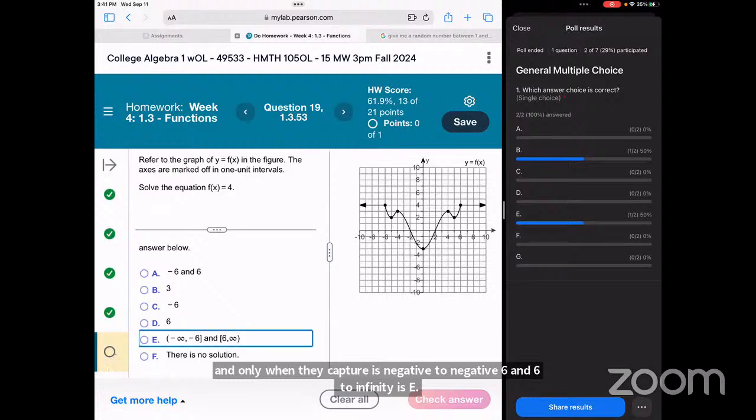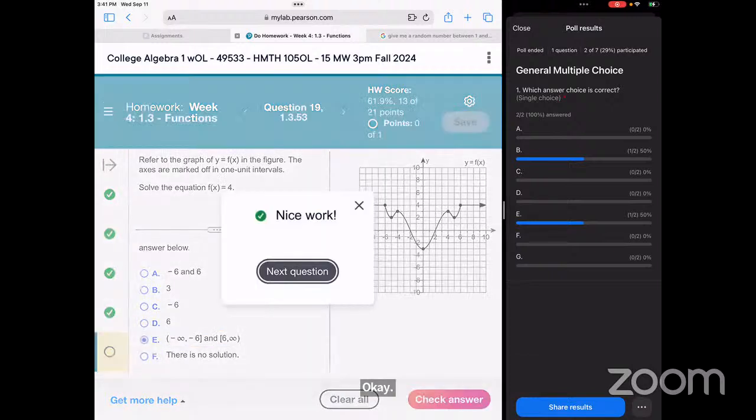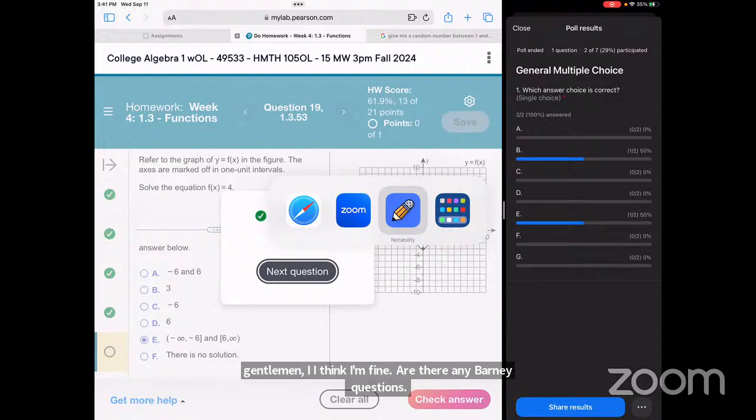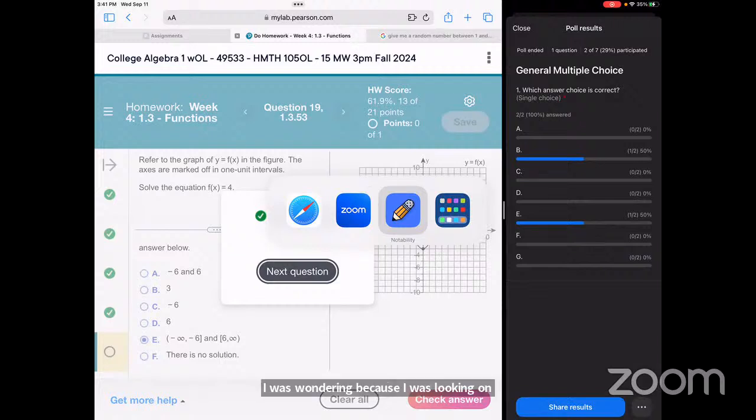Okay. All right, gentlemen. I think I'm spent. Are there any burning questions before we go our separate ways? I had a question. I'll make a copy in a moment. Yes. Sorry. I had a question about our exams, and I was wondering, because I was looking on Pearson, I only saw quizzes. Where do we take our exams again?